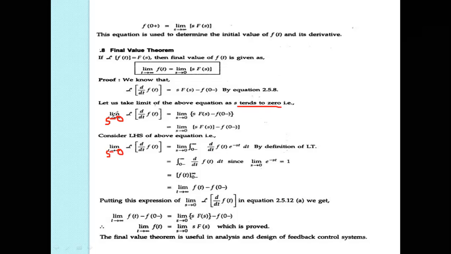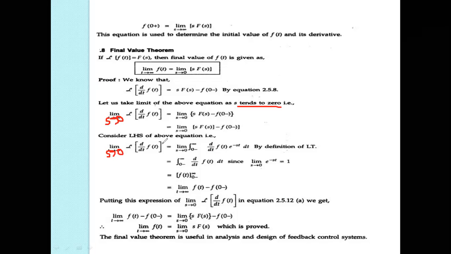So limit s tends to 0 of the Laplace transformation of d by dt of f of t is equal to limit s tends to 0 of s into f of s minus f of 0 minus. That is equal to limit s tends to 0 s into f of s minus f of 0 minus, and there is no s term in the f of 0 minus.